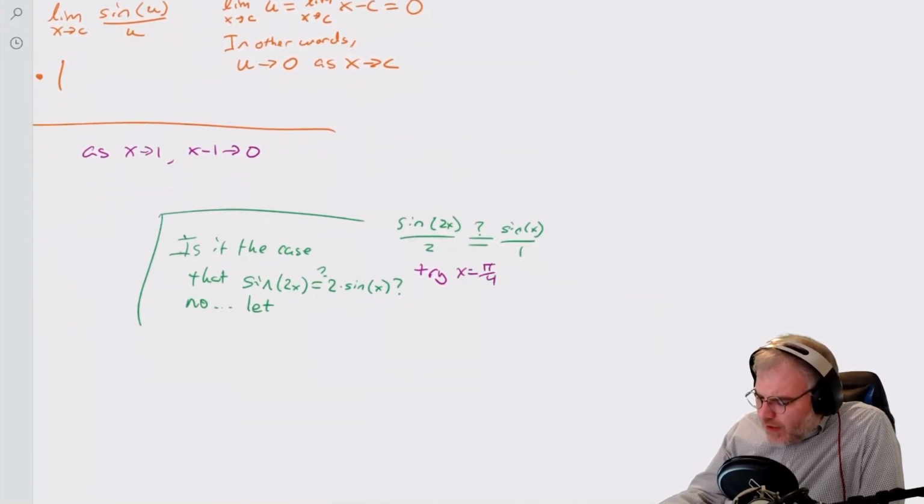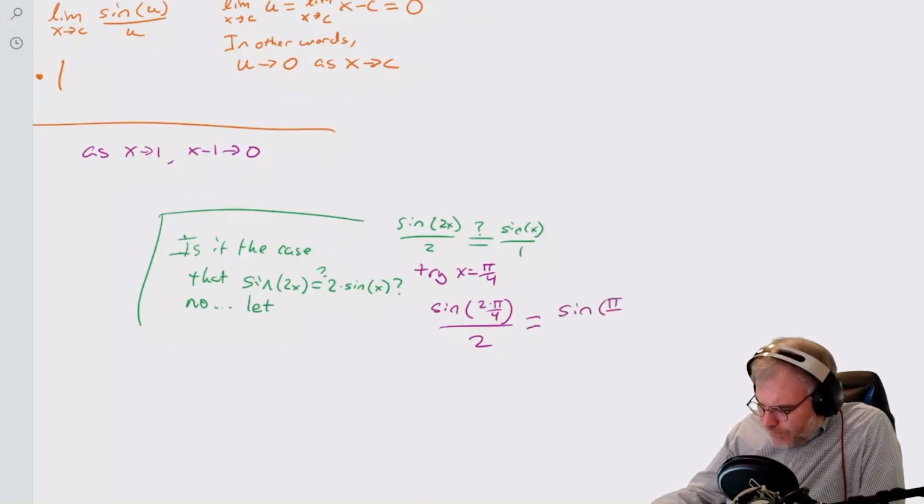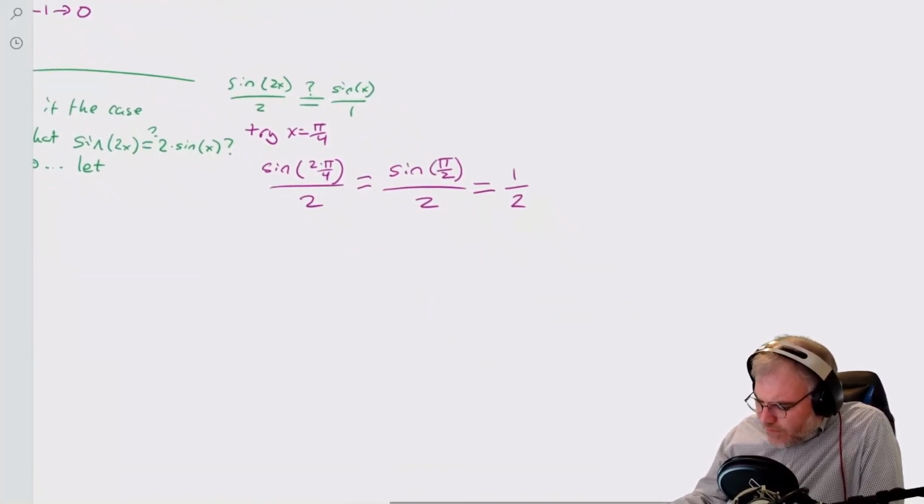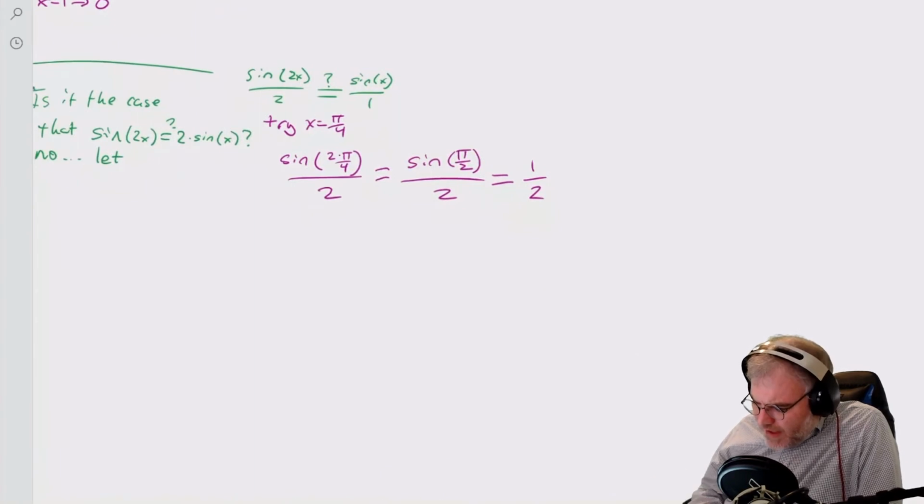Sine of 2 times pi over 4 is the same as sine pi over 2, which is 1. That becomes sine of 1 half. Are you on board with that?